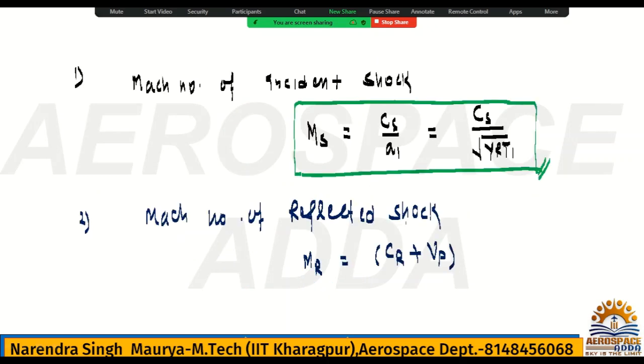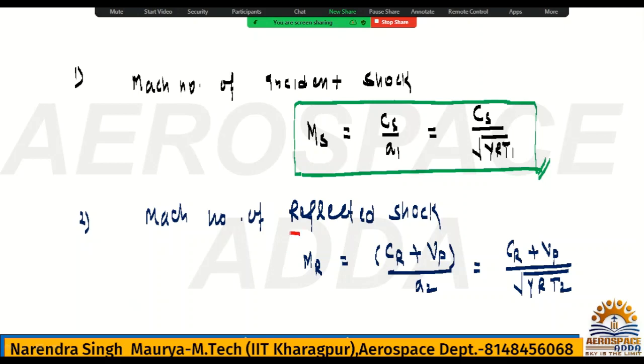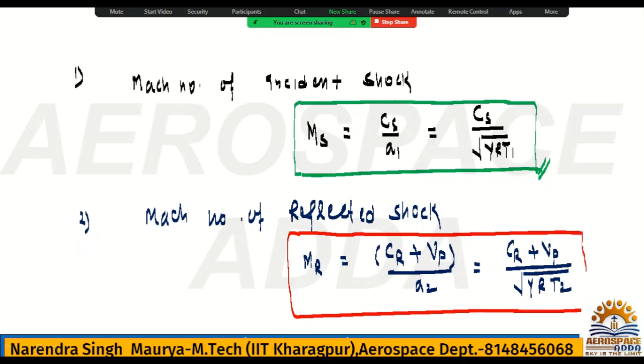It will be A2 here. So the formula will be Cr plus Vp divided by root of gamma R T2. Yes or no? So this is very important. Once a question comes on the reflected shock, the reflected Mach number is what they will most often ask you. So this is the formula.